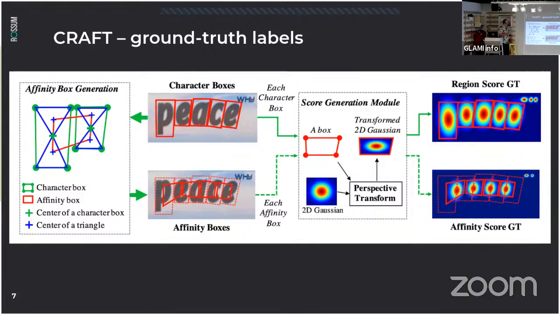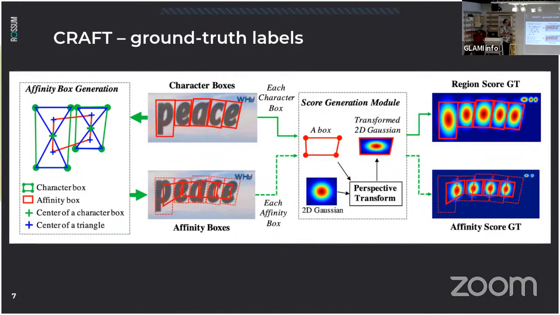What they did was take a 2D Gaussian function, render a Gaussian into a square, and then perspectively warp that Gaussian into the rectangle of a character. So this encodes the center of the character plus its shape and size. And this is the region score.